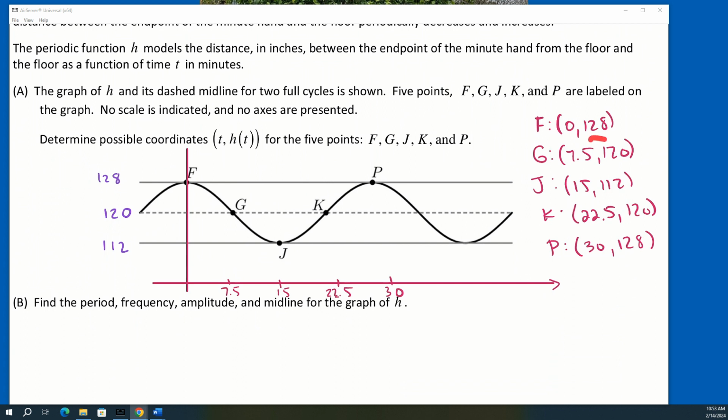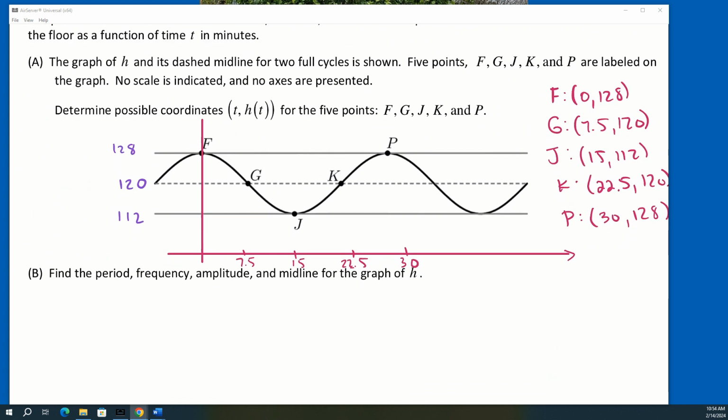Your y values do have to be these y values. There's no other option for the y values, but there's someone in particular in my other class who doesn't start at 0. He doesn't even draw his vertical axis. He'll say this is the end of the first period, so he would make this 30 and this 60 and do his halfway points there, and he's 100% right. It's just he's doing a different period, so it doesn't matter. I feel like this is easier, but for some reason his brain automatically goes to the other way, so I'm not going to stop him because it's right.